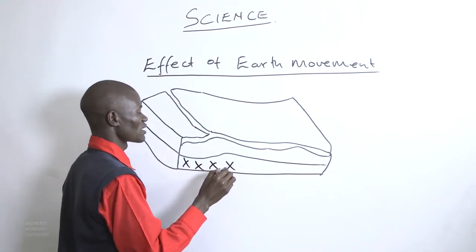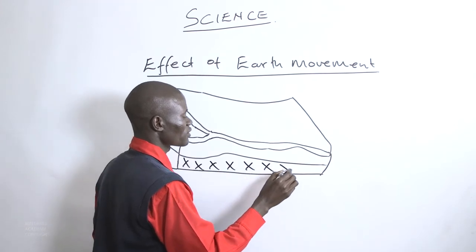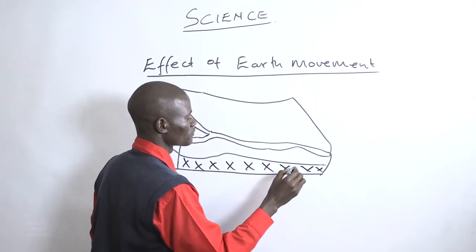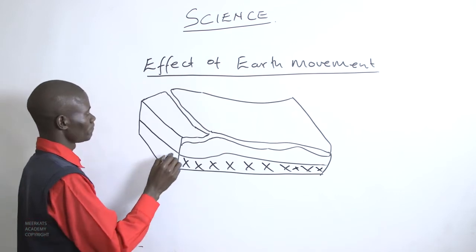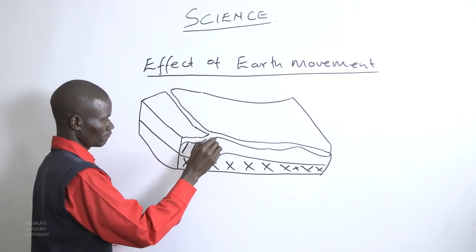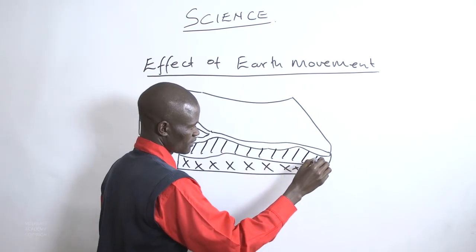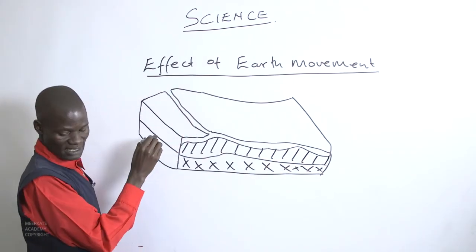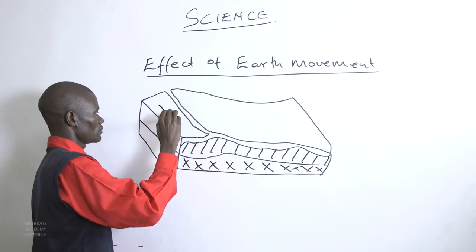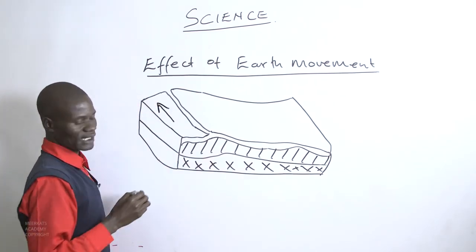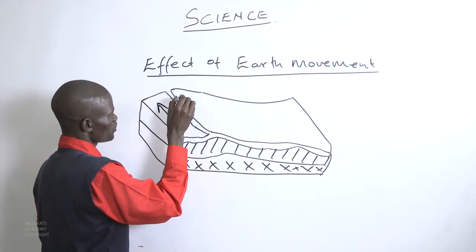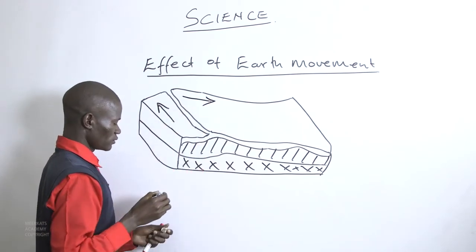This represents the crustal rocks, and this is a plate that is moving, and this one is also moving.